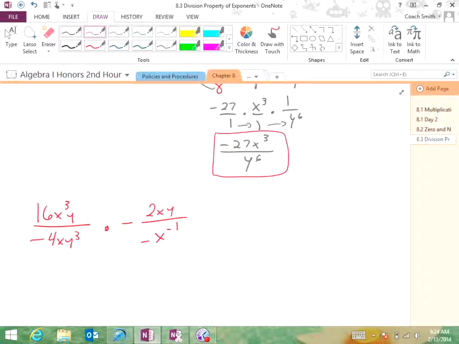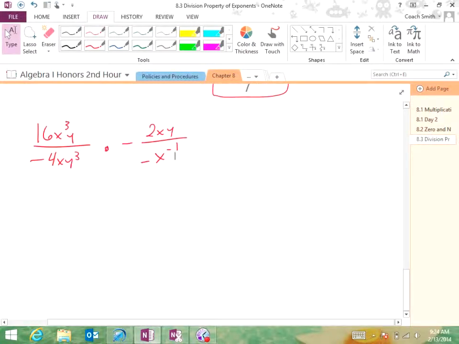All right. Now, once again, these are just regular fractions. They've just made it a little bit more complicated. First thing I can do is this. Does that cancel? 4 goes into 16 4 times, so that's 4 over 1.